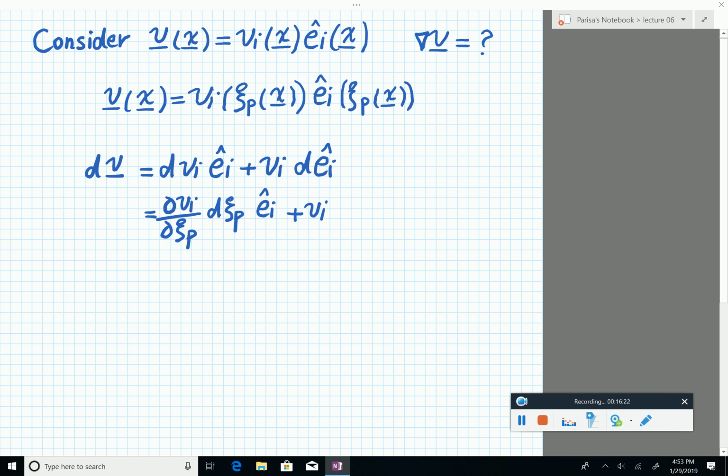Not make any mistakes. And what is the differential of psi p? So we talked about it. Now everyone should know this by heart.